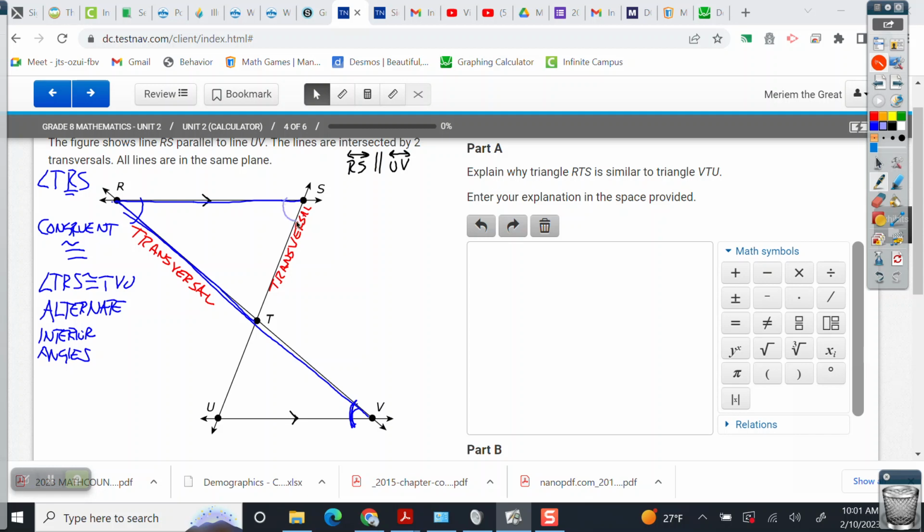Okay, and you can get away with angle S and angle U. Now, angle S and angle U are congruent because they are alternate interior angles. So I'm adding these little hash marks on the angles to show that they are congruent. This is another very standard way of showing congruencies.